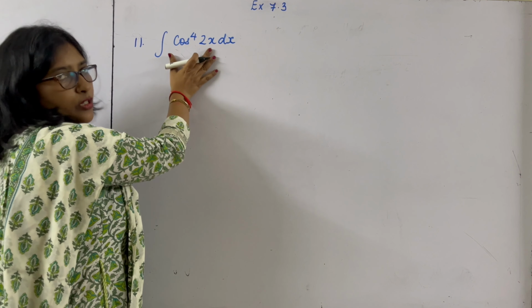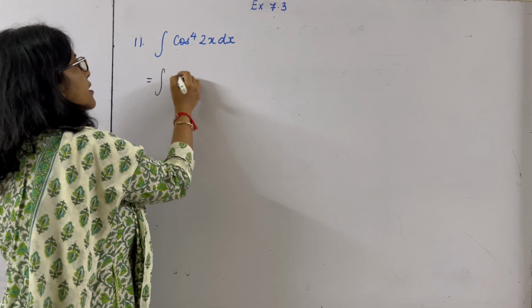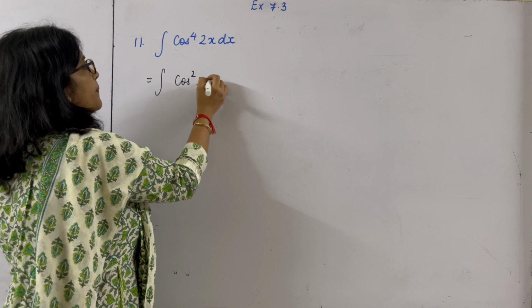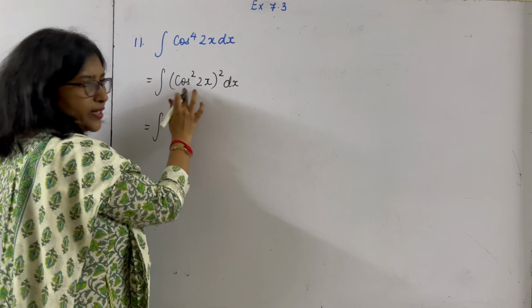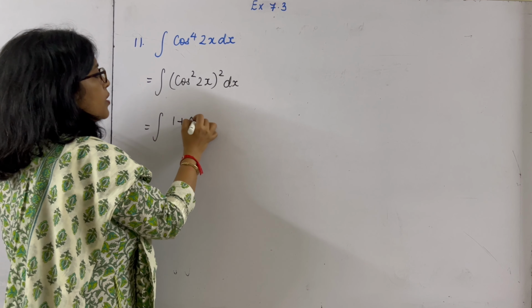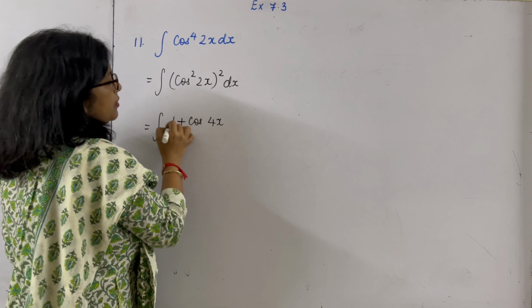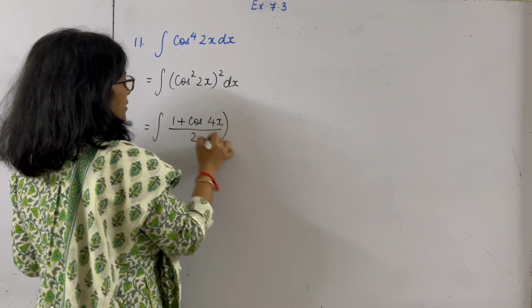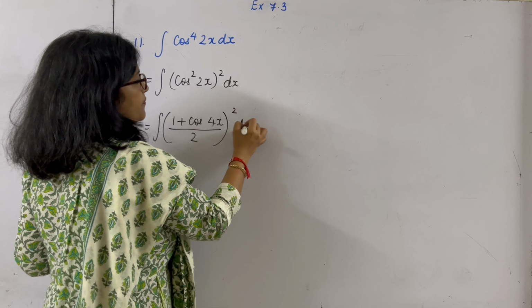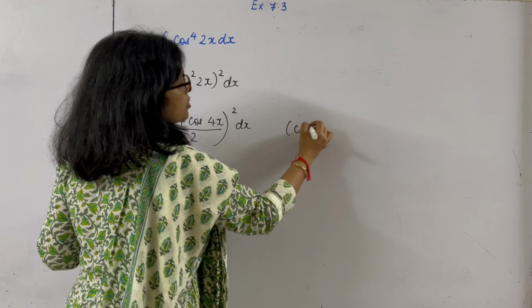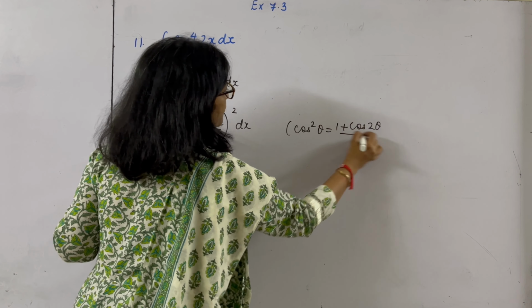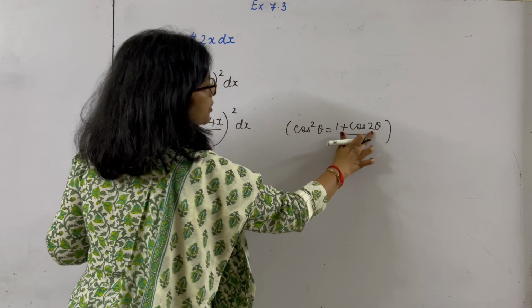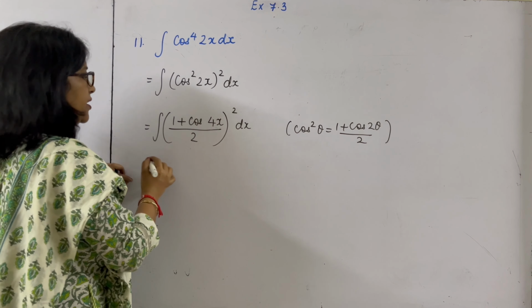So this is a similar question. First thing we'll do is write this as cos square whole square and write the formula of cos square theta. So that becomes 1 plus cos, double the angle, and yes, of course, whole square is there, right? Because cos square theta is 1 plus cos 2 theta by 2. So whatever angle here, it will become double. 2x will become 4x.